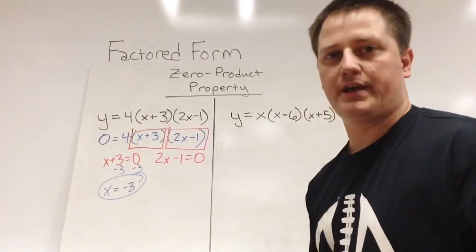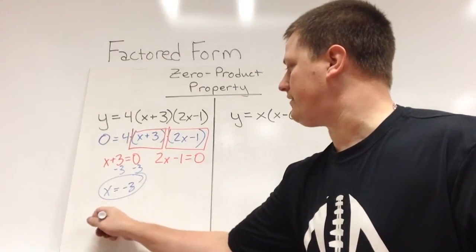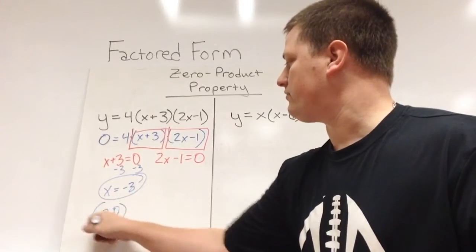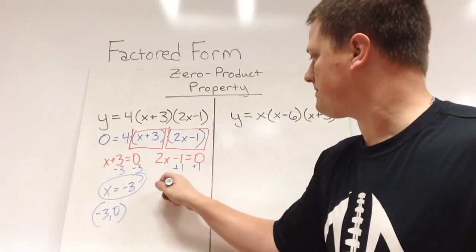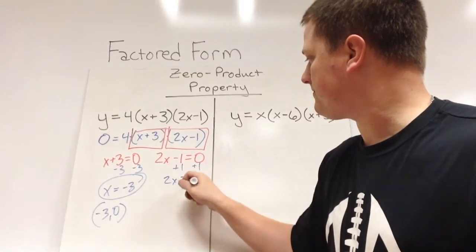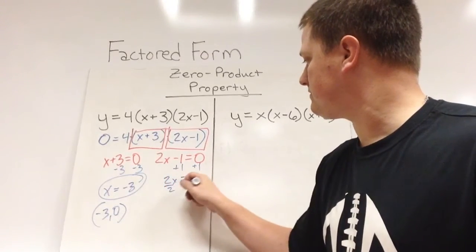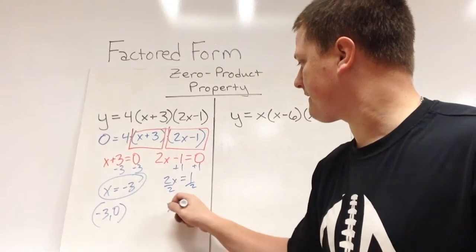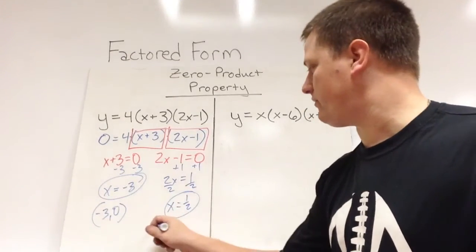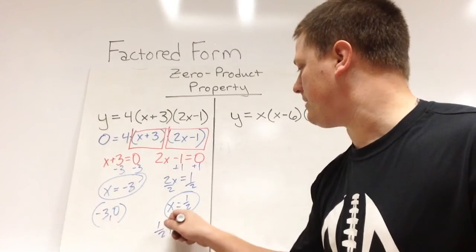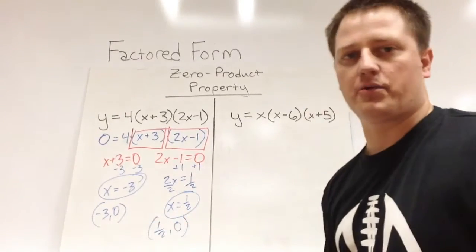So our first root is at -3, so we've got -3, 0 as a root. Our second root is at 1/2, so we've got 1/2, comma 0 as our other root.